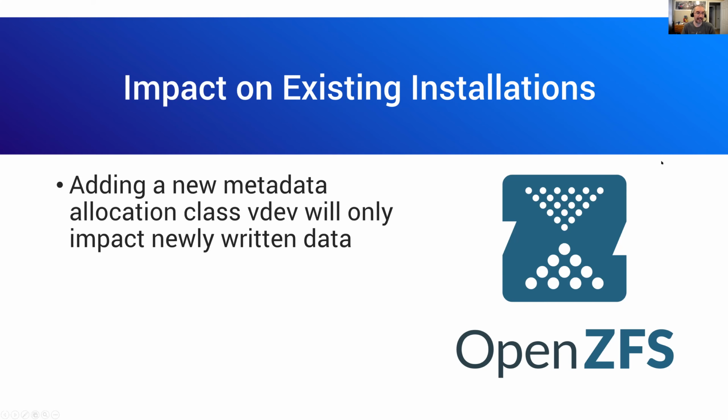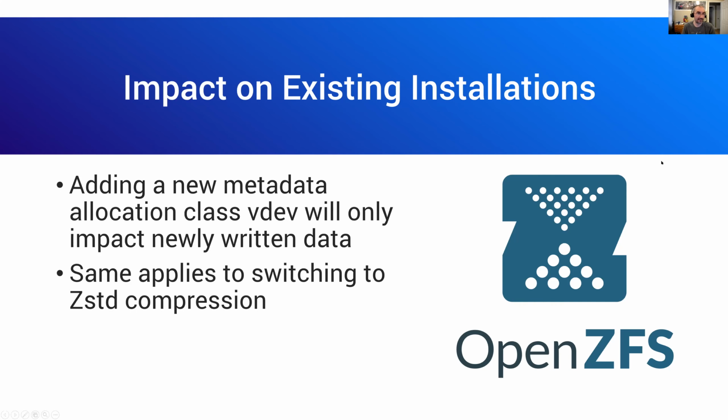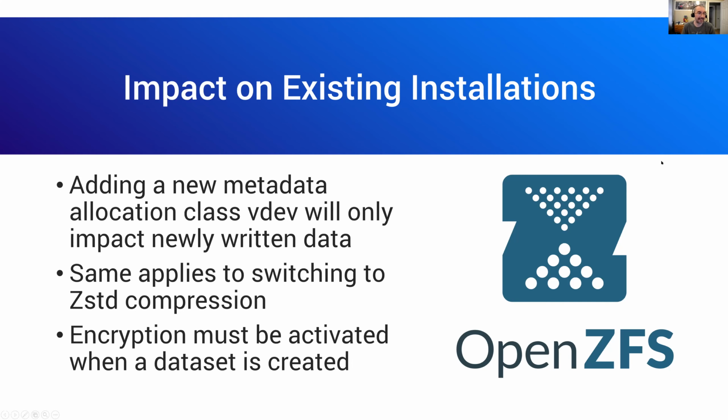So it means that as you write new data to the pool, the metadata will be stored on that special VDEV, but any existing data, its metadata will stay where it was. But over time, as you modify existing data or write new data, that metadata feature will kick in.